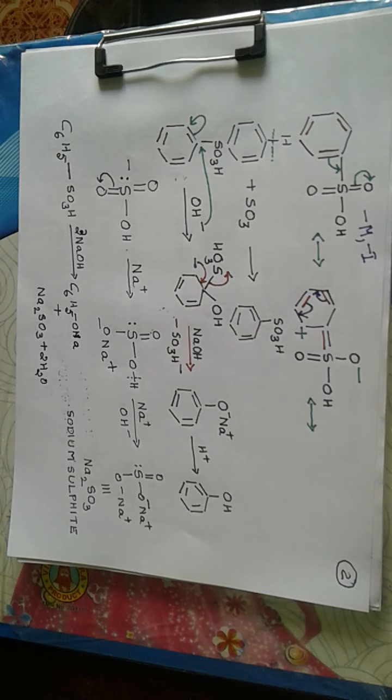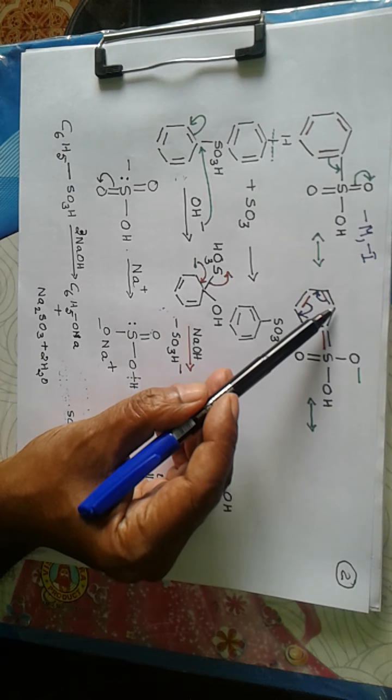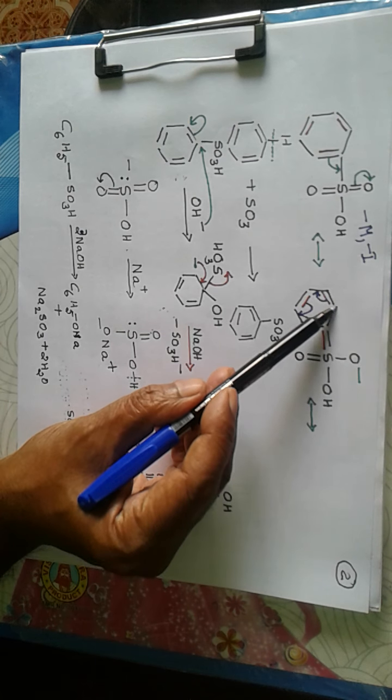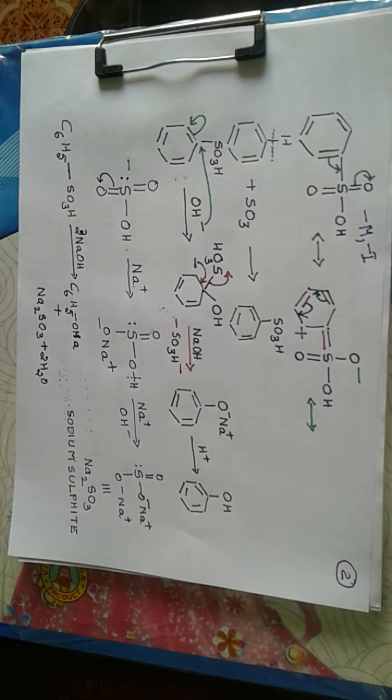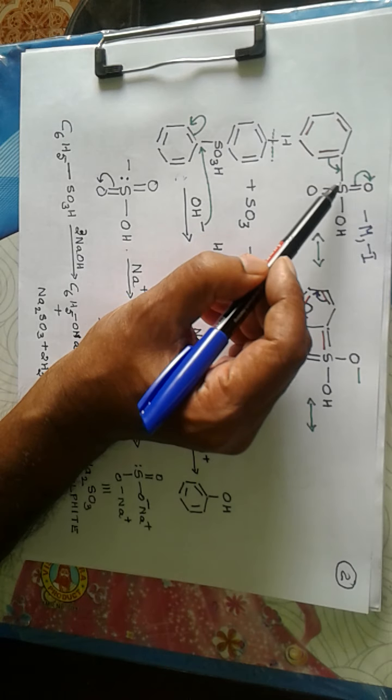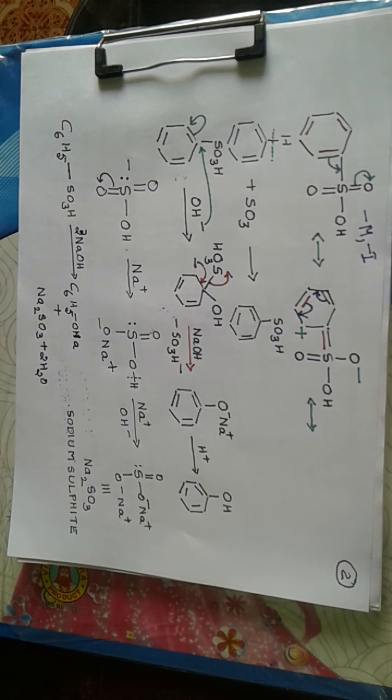So in the resonance hybrid, the two oxygen atoms will carry partial negative charge, and the benzene ring will carry positive charges in the ortho and para positions with respect to the sulfonic acid group, so that the SO bond has partial double bond character, or the SO bond is strengthened.